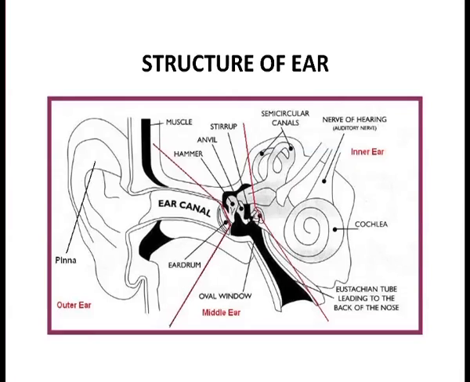The vibration of the oval window creates waves in the fluid that fills the cochlea. As the wave travels through the cochlear fluid, the hair cells bend to and fro. At this point, the mechanical energy of the waves is transduced into electrochemical impulses that are carried by the auditory nerve to the brain.